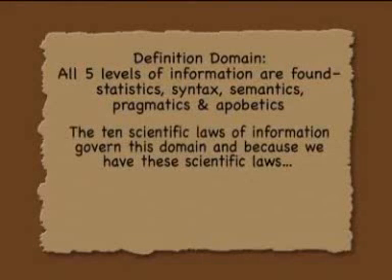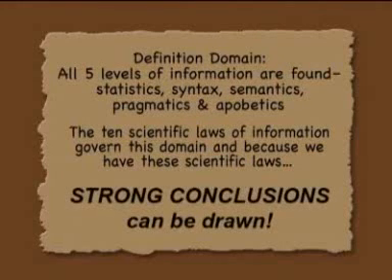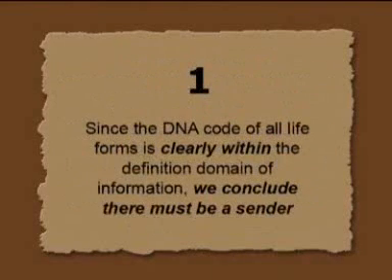And if we are inside of the definition domain, then we can make very strong conclusions. Let me come to the first conclusion. Since the DNA code of all life forms is clearly within the definition domain of information, we conclude there must be a sender.